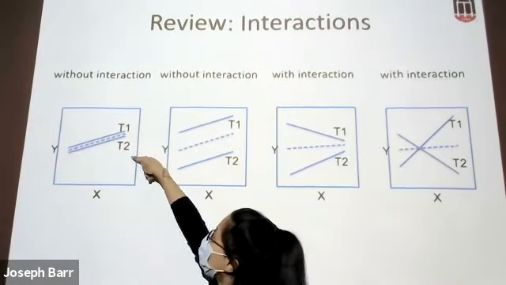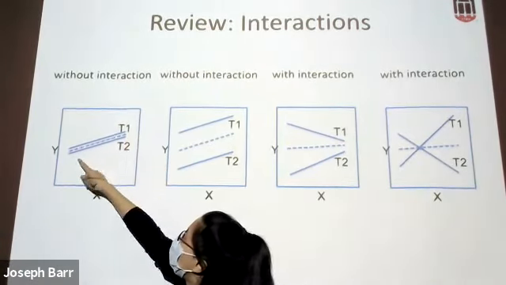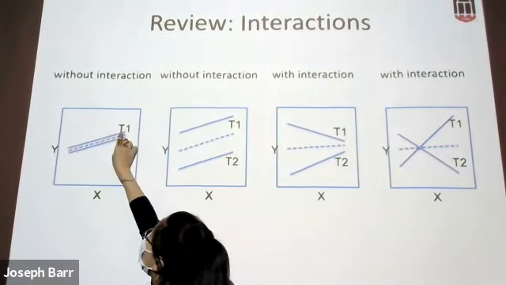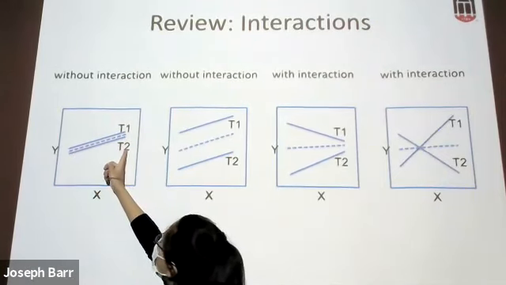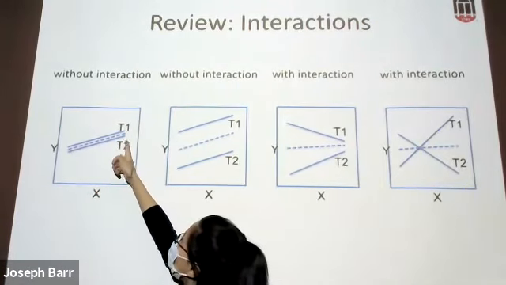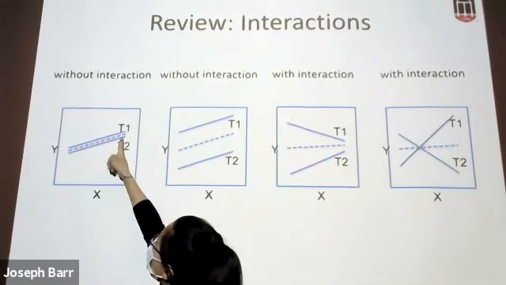So for different values of T, T1 to T2, these are regression coefficients. Under the T1 condition, or T equals 1, this is a regression. Under the T2 condition, or T equals 2, the second group, we have the other regression.